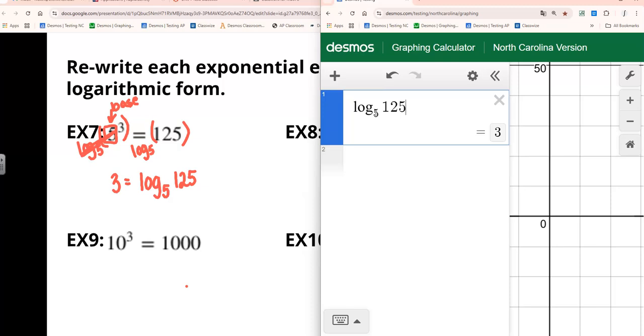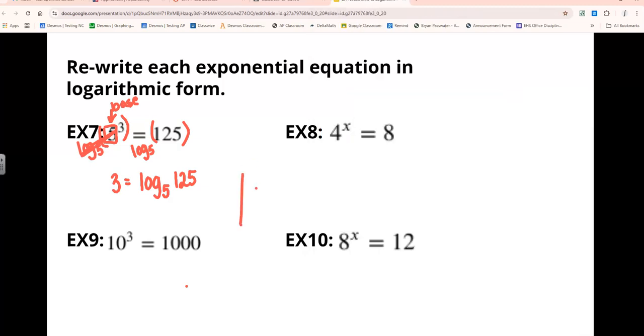What I see kids write that is wrong a lot of times is they will write this log 5 125. They've written their base on the same line, and then they write their 125 as an exponent. It looks pretty similar, but this is not right. This is not what we're looking for here. 5 needs to be a little number, a little bit lower. Some of you that are super lazy and messy in your writing have to be careful with this.